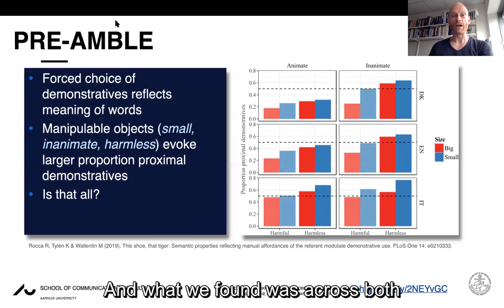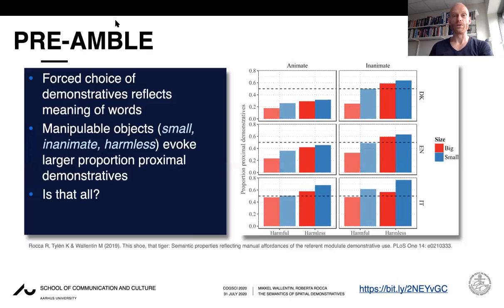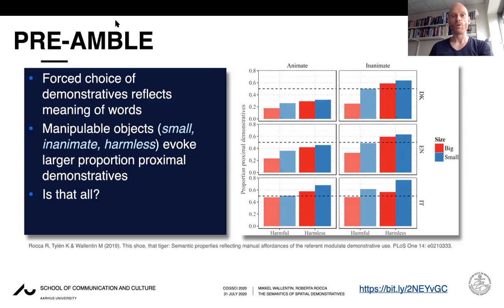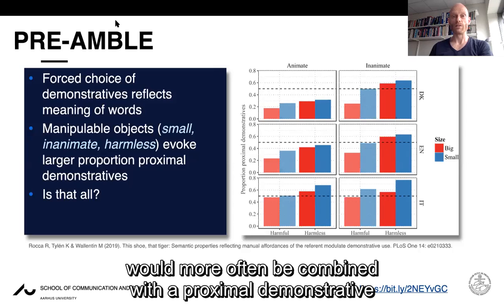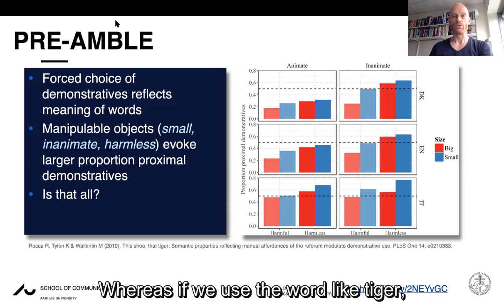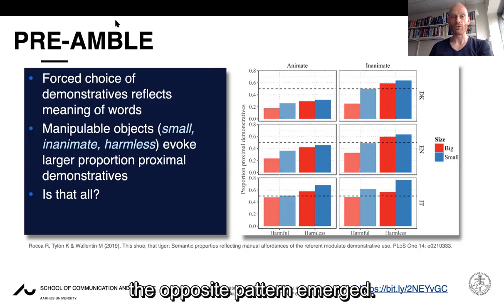And what we found across Danish, Italian, and English was that a noun like apple would more often be combined with a proximal demonstrative, that is this, than a distal demonstrative. Whereas if we used a word like tiger, the opposite pattern emerged.